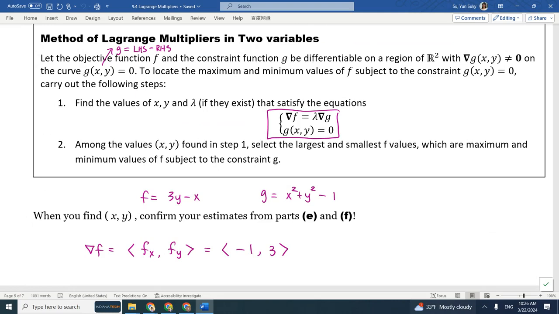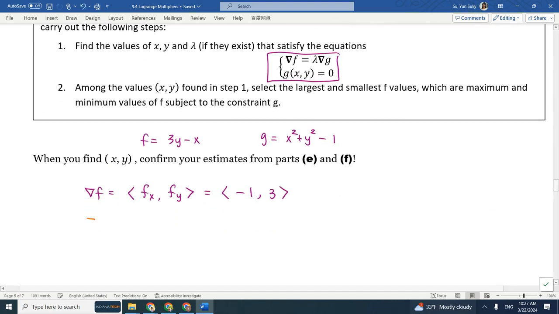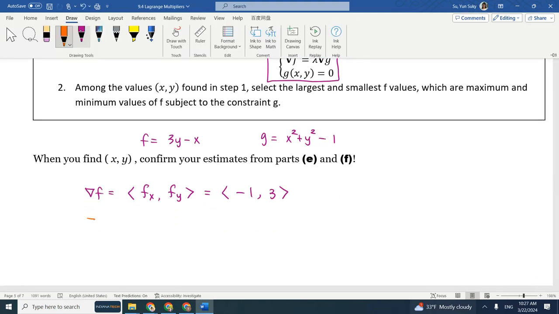That's why your g is x squared plus y squared minus 1. And the gradient of f, you take the first partial derivatives. The derivative with respect to x is -1. The derivative with respect to y is 3. Right, everybody? And now we continue to find the gradient of g.